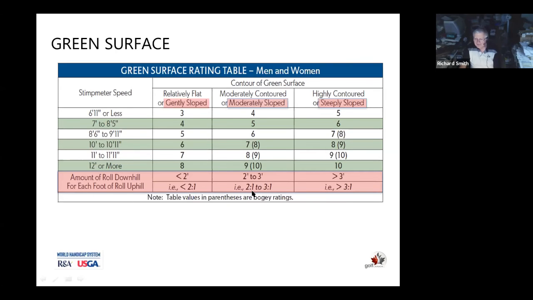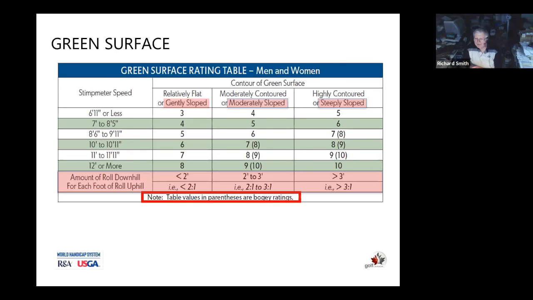Ratios of 2-to-1 to 3-to-1 are considered moderately sloped, or steeply sloped if the ratio of stimp speeds down and up is greater than 3-to-1.